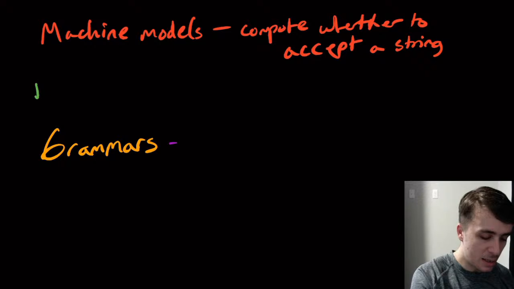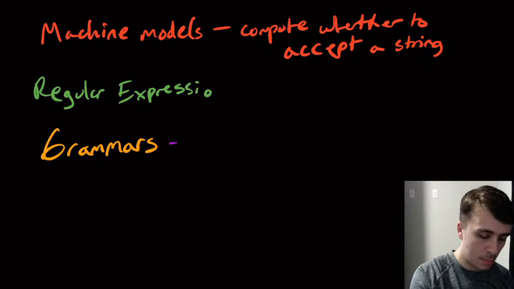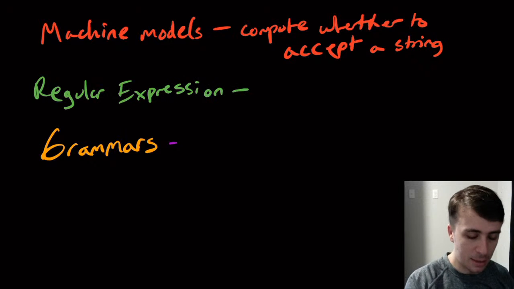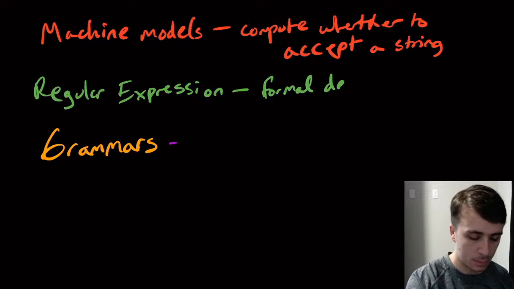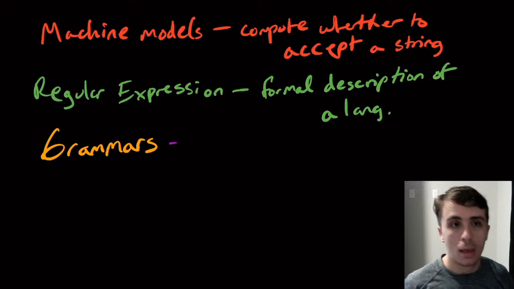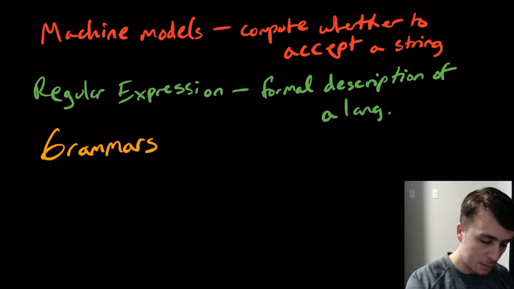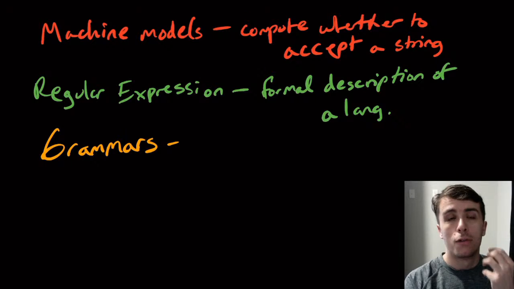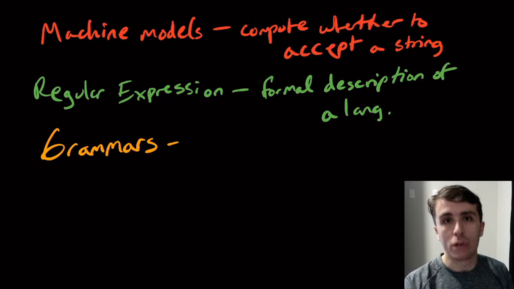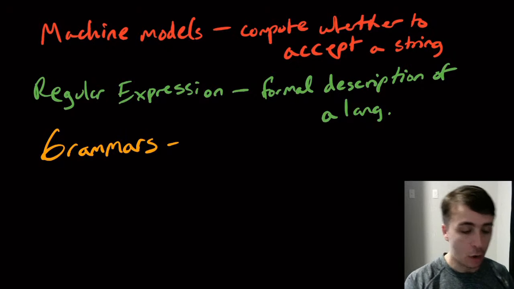Then we did something called a regular expression. The advantage of that is a formal description of a language. And a grammar is a way to figure out formally how to actually create strings that are in the language.